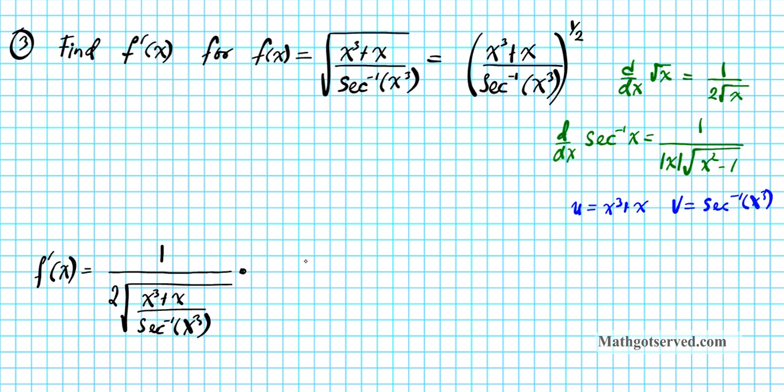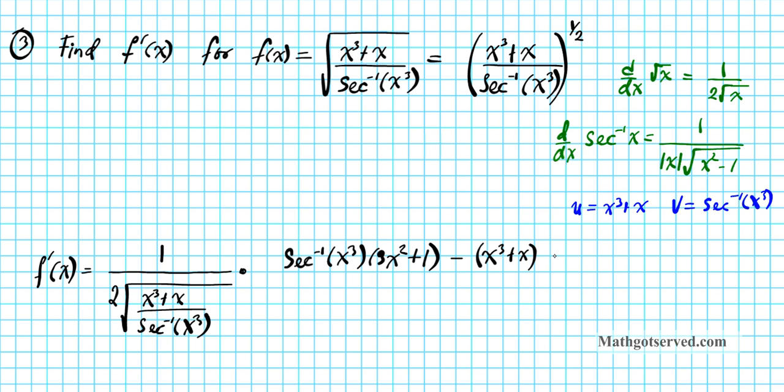We already know what the quotient rule is. So v is the arcsecant of x to the third, and then u prime, just simplify the power rule here. You're going to have 3x squared plus 1, minus, this is vu prime, and then minus u, which is x to the third plus x.